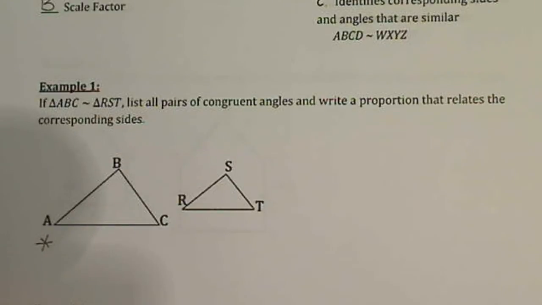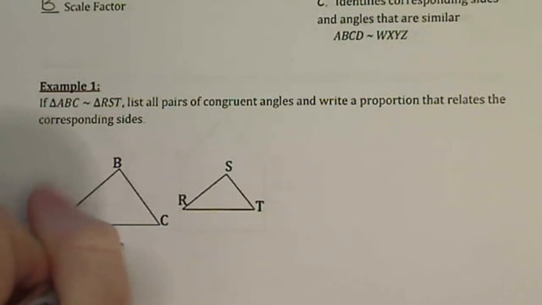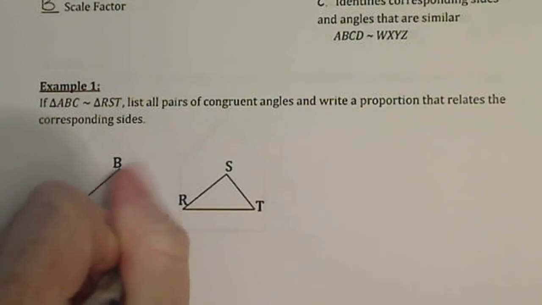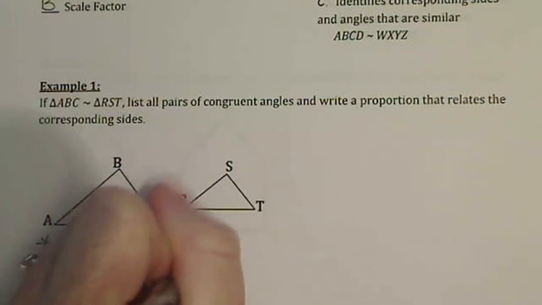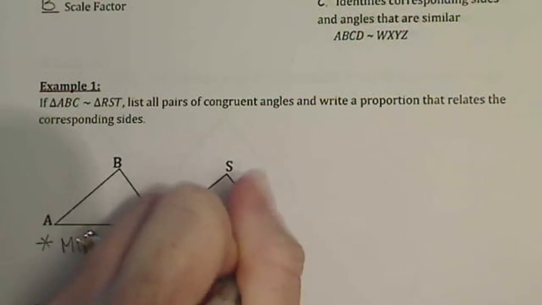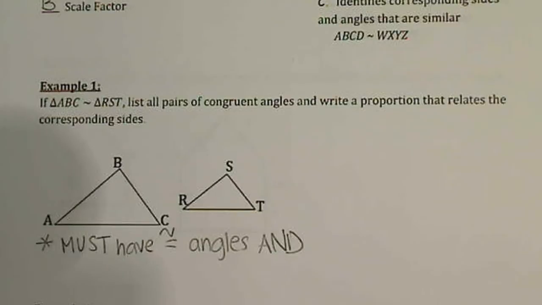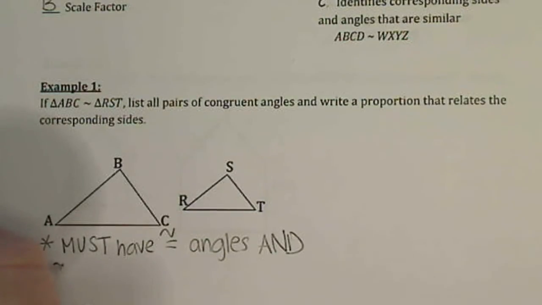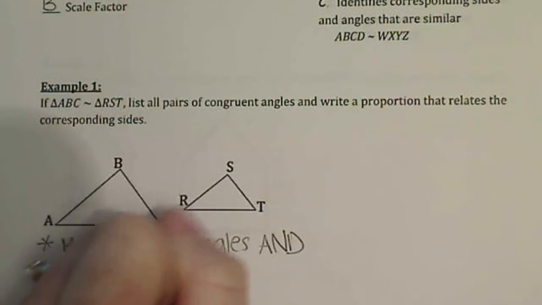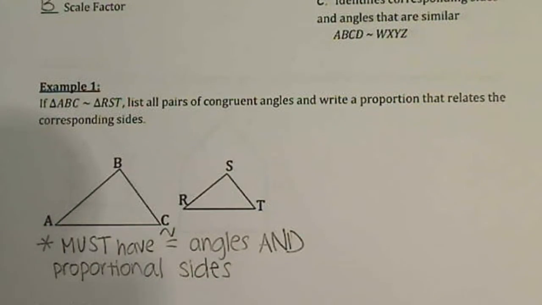For some shapes to be similar, you must have, capital must, congruent angles and proportional sides. Okay, you have to have those two things, sides and angles.